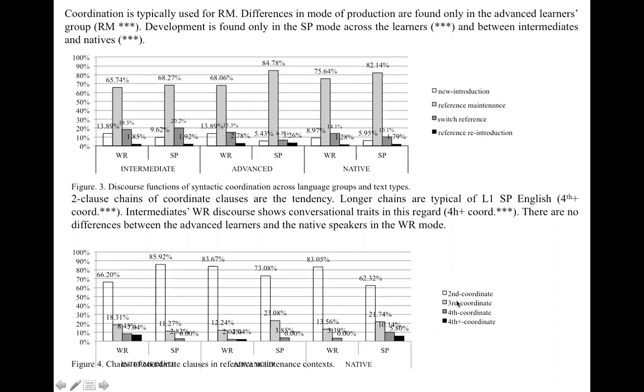And interestingly, we can see that there are longer chains here, which are typical of L1 spoken English. And this is different from all the batches, except for the intermediate written texts. So we can see that maybe there are some traits of spoken, conversational language in this batch.